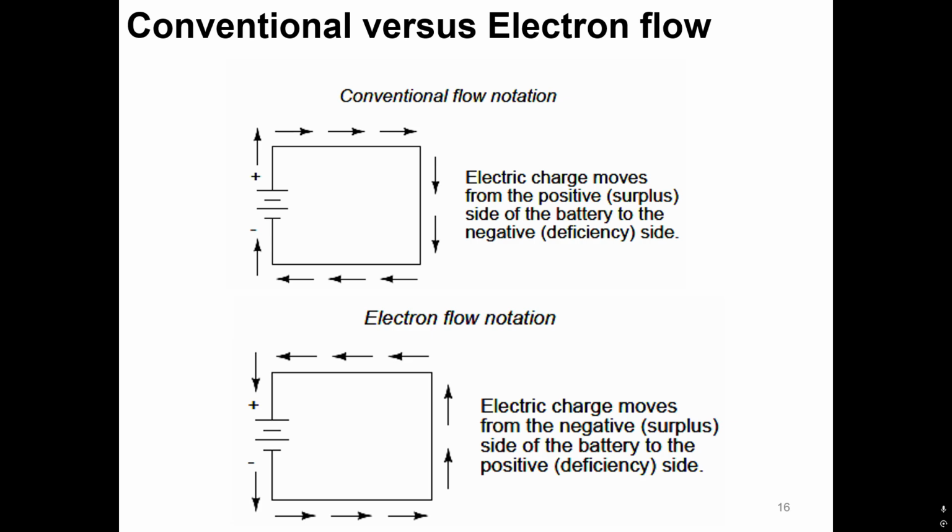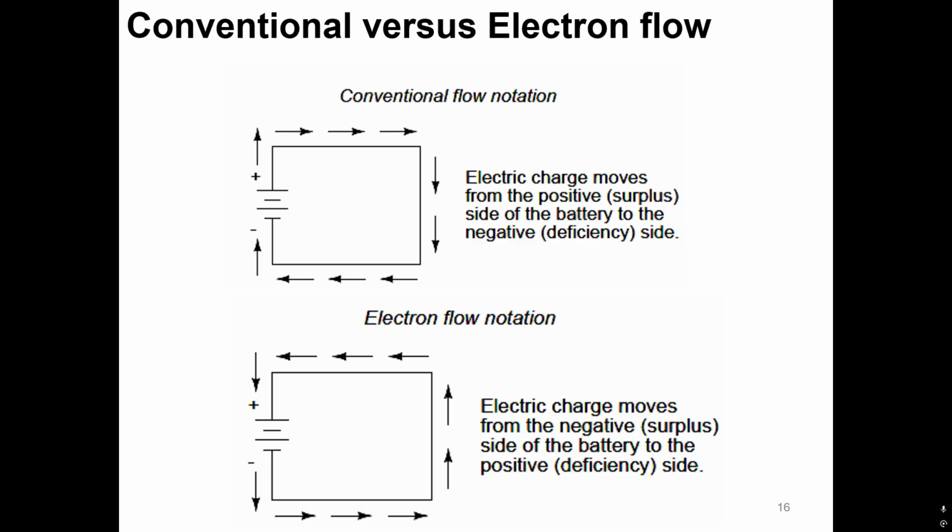That means we assume that current always starts at the positive terminal, flows through the various parts of the circuit, and finally reaches the negative terminal of the battery. Okay, this is what we are going to use. This is called conventional flow notation.